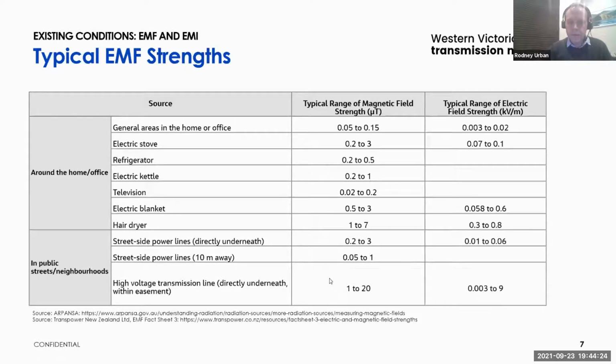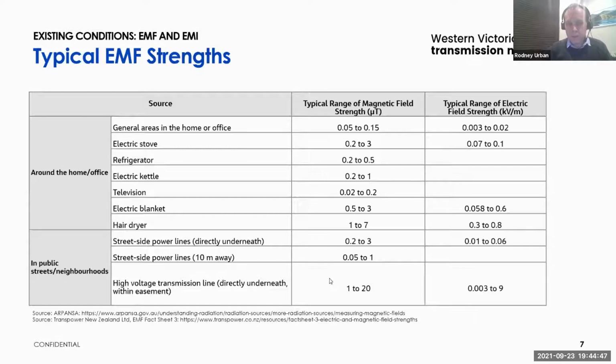And so those power lines, the conductors are much higher up in the air. And so the distance between yourself and the current that's flowing in those conductors and the voltage applied to them, it drops away really quickly. And so again, we have magnetic field levels that range between about 1 and 20 microtesla.